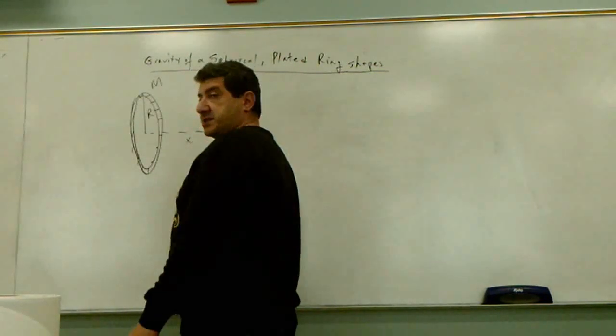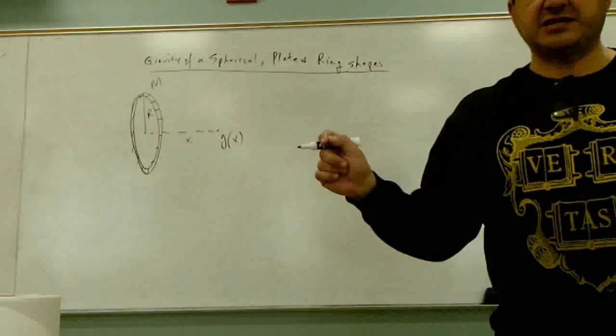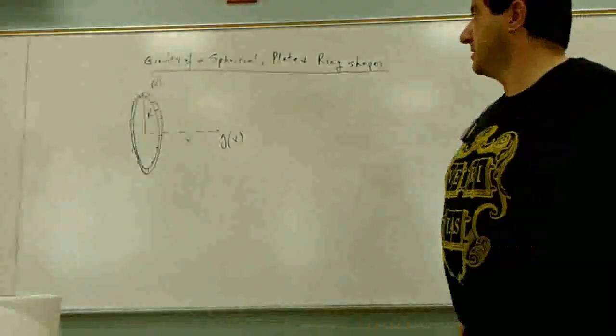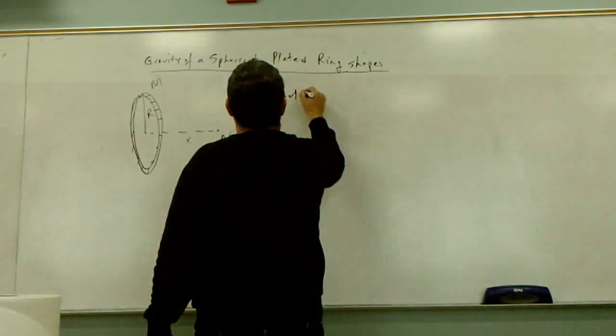We can say, what is the gravitational field of that as a function of x? Once you find the gravitational field that the ring creates, you can find what someone would weigh over there, right?